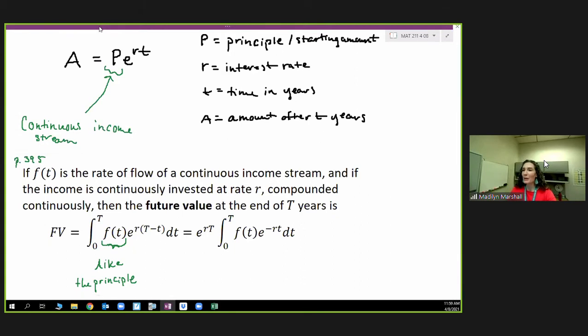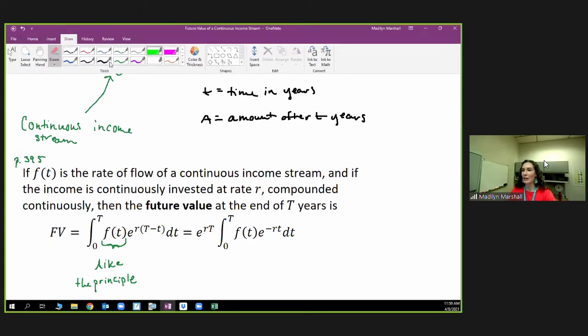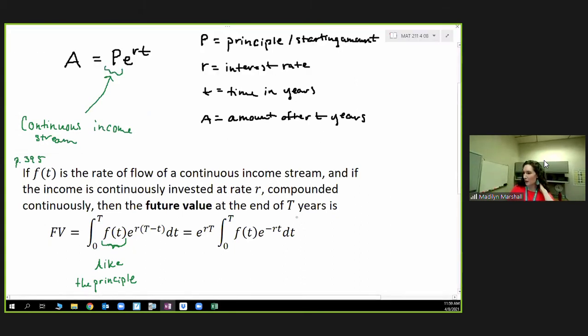So capital T is now the amount of time that we're letting this all go. We're starting this continuous income stream and we're letting it do its thing for capital T years. The little t is our variable here, so our income stream is changing depending on little t, as time goes on.